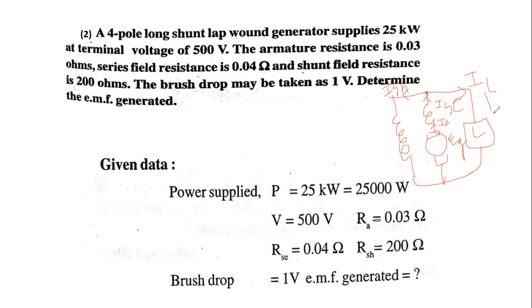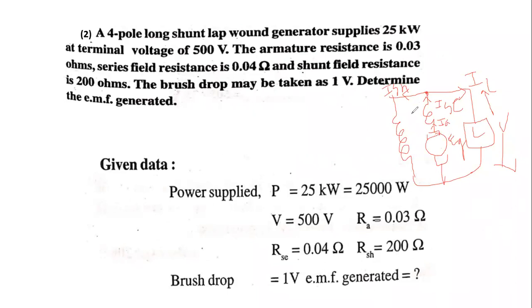This is the voltage across the load, or the terminal voltage V. In that problem, the armature resistance is 0.03, the series resistance is 0.04, and the shunt resistance is 200 ohms.